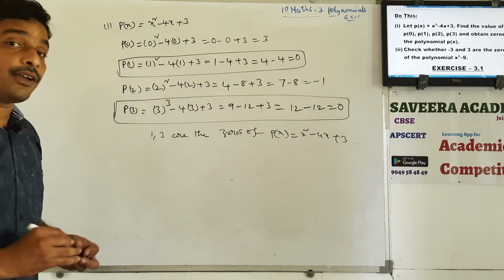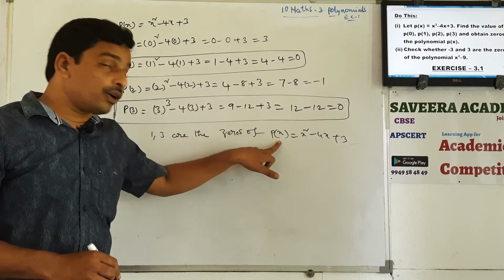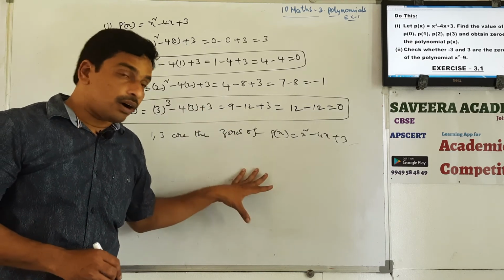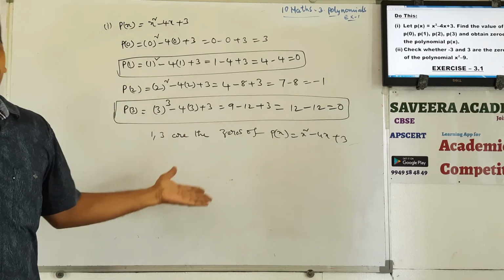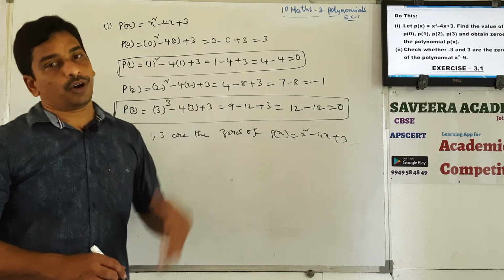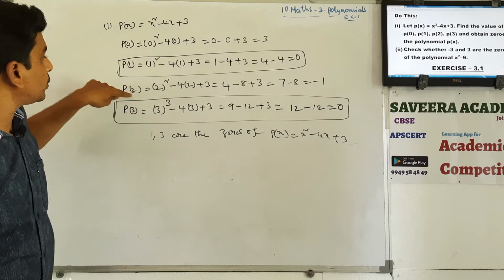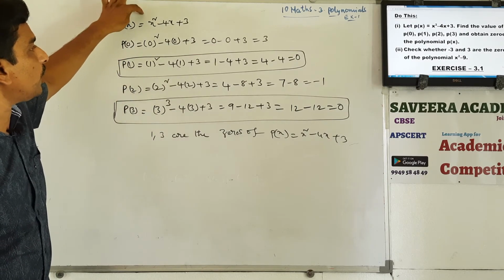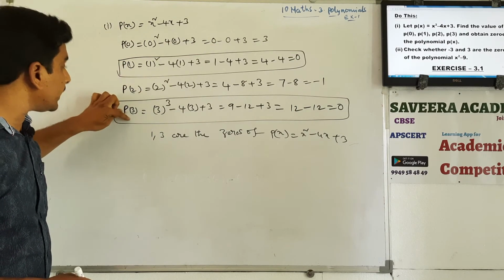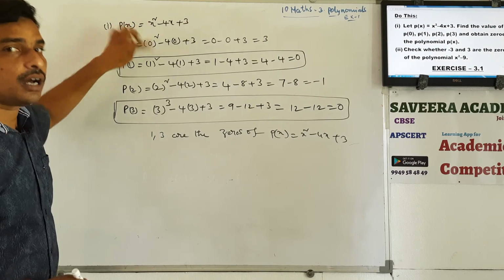For what value of x the value of p of x becomes 0 is called the zero or the solution of that polynomial. Okay, so 0 and 2 are not zeros of this polynomial, but 1 and 3 are the solutions or zeros.